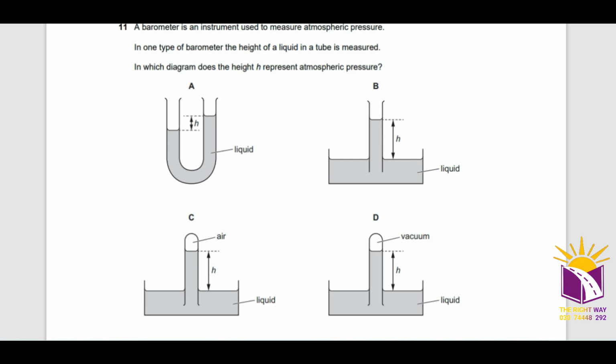Okay, a barometer has a shape like this, because a barometer is not open from the upside, or this is a manometer, not a barometer. In a barometer the tube is not filled with air. So C is the wrong answer. D is the right option. In a barometer we have a vacuum in the tube.